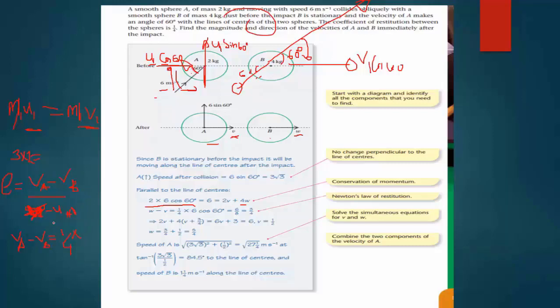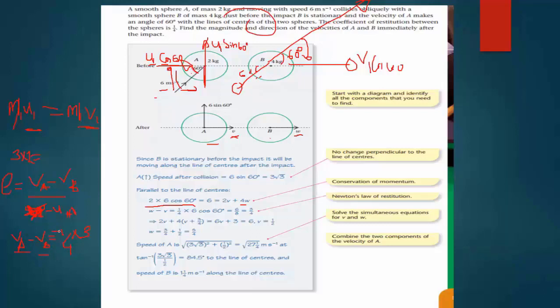Because now we are speaking of the horizontal velocity, inakuwa ni sawasawa na horizontal initial velocity ya A ambayo ilikuwa u1 cos 60. u1 kumbuka ilikuwa na move na speed ya 6, cos 60 ni half, so inakuwa 3. So 3 over 4 ni sawasawa na VA minus VB.